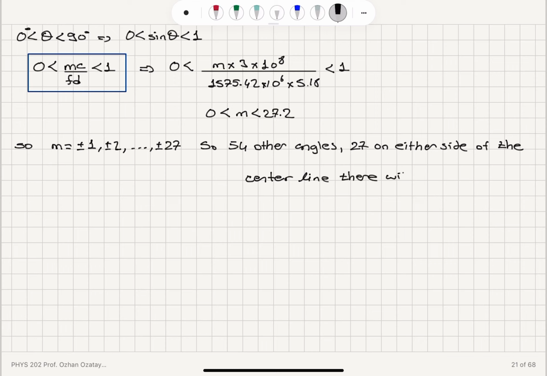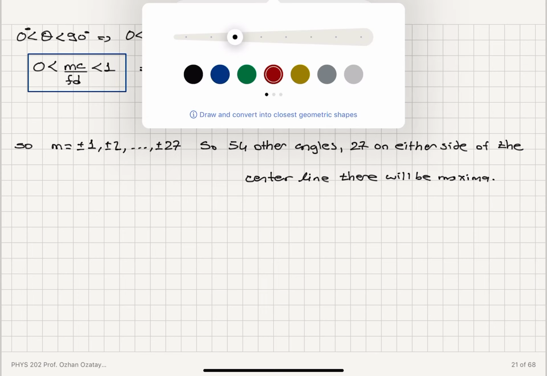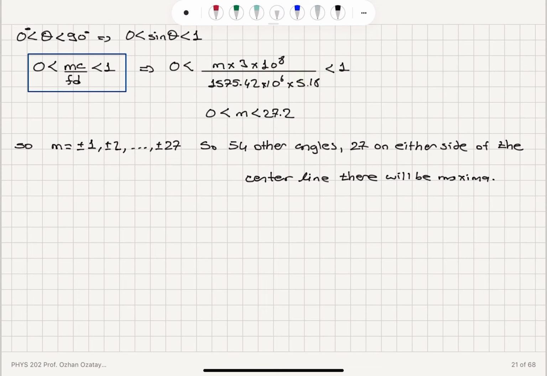And because at the center line I have m equals 0 maximum, the intensity will be 2 watts per meter square for these points as well. So there will be 27 on either side of the central line.